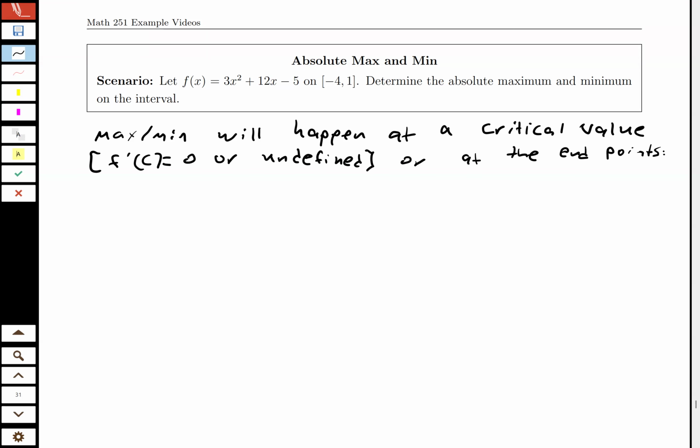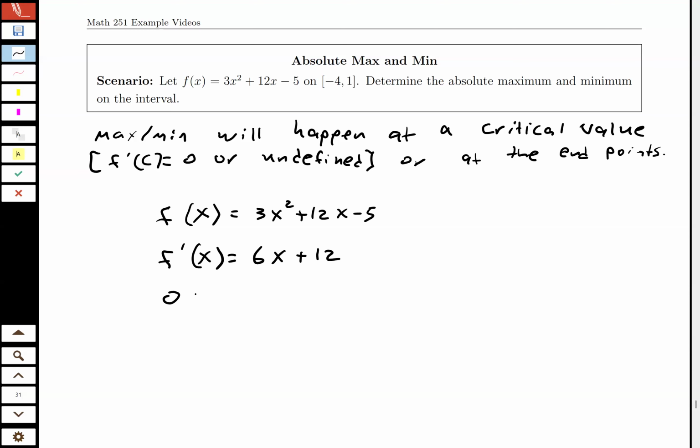So let's start by taking our function f of x and let's find f prime of x so we can find the locations where the derivative is equal to 0 or undefined. So taking the derivative of 3x squared, the 2 drops down, that becomes a 6x. Taking the derivative of 12x is going to leave me with just 12.